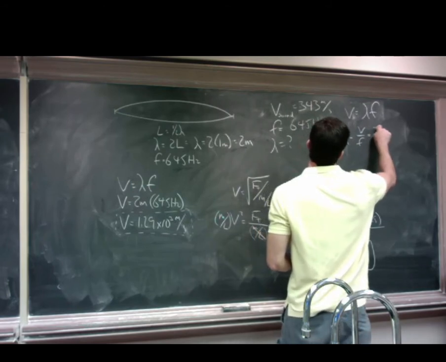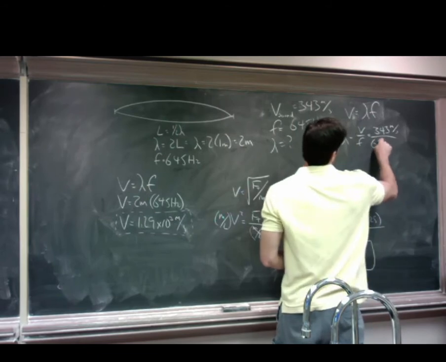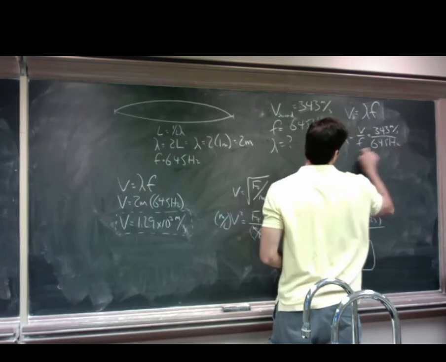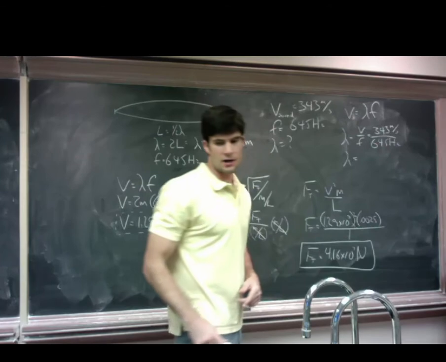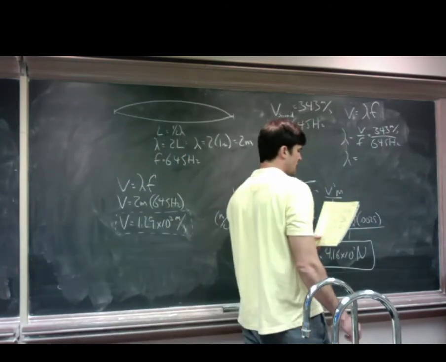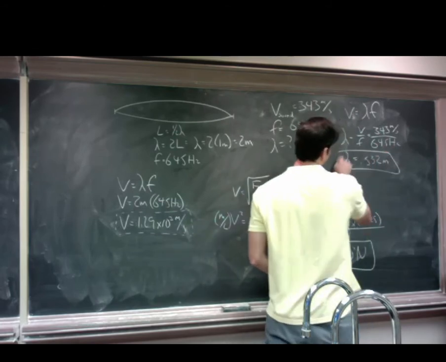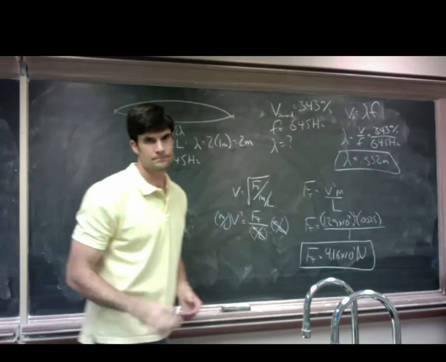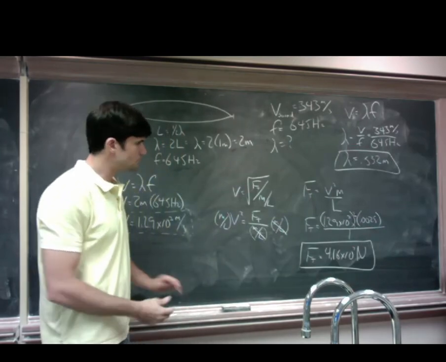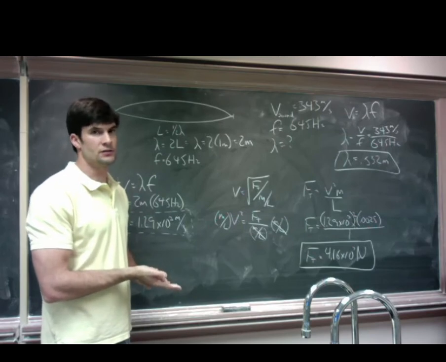That is 343 meters per second over 645 hertz. So the wavelength of the sound in air comes to 0.532 meters. All right. So strings can be used as sources of sound.